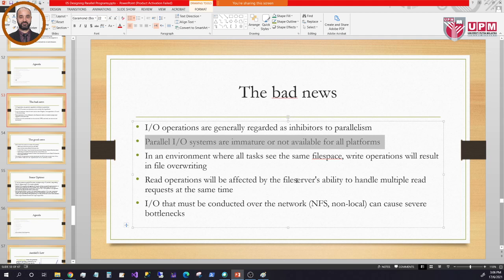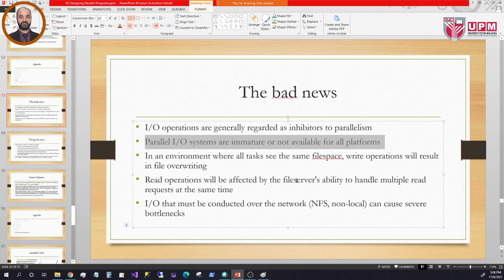Read operations will be affected by a file server's ability. Let's say we deal with a problem that needs to read or download files from a file server, such as an FTP server. The ability of the file server is very important here.